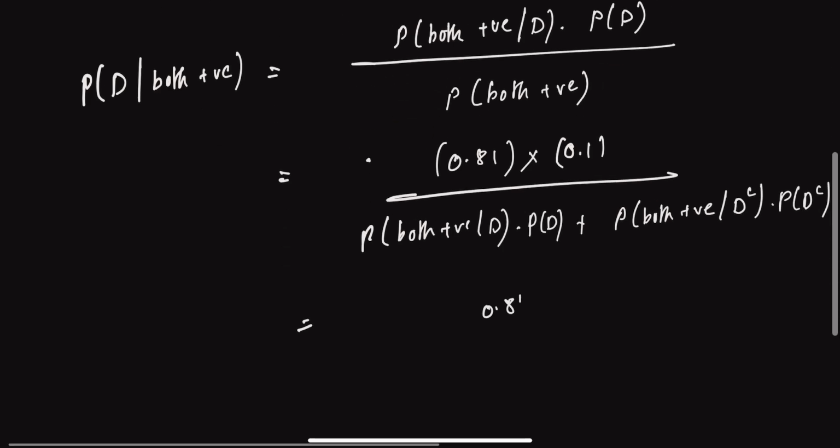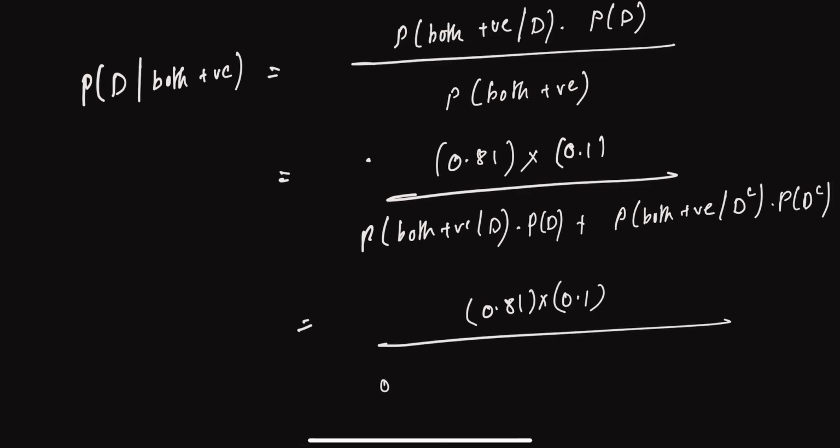So that is 0.81 into 0.1 divided by, the probability of both tests positive given the disease, 0.81, into the probability of having the disease, 10% of the population, so 0.1, plus 0.01 into 0.9.